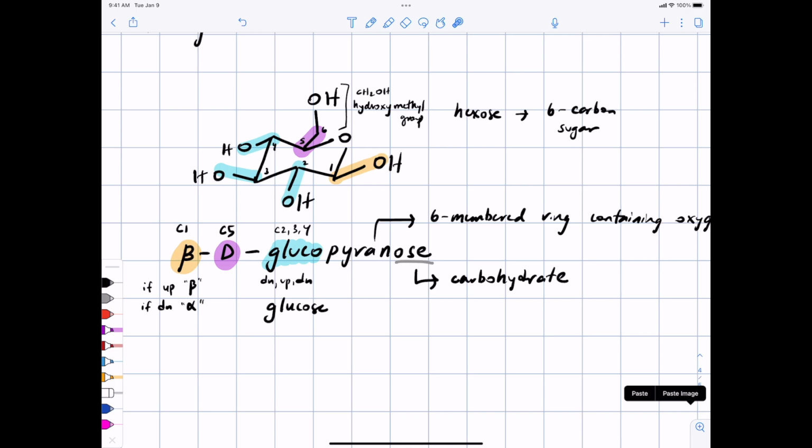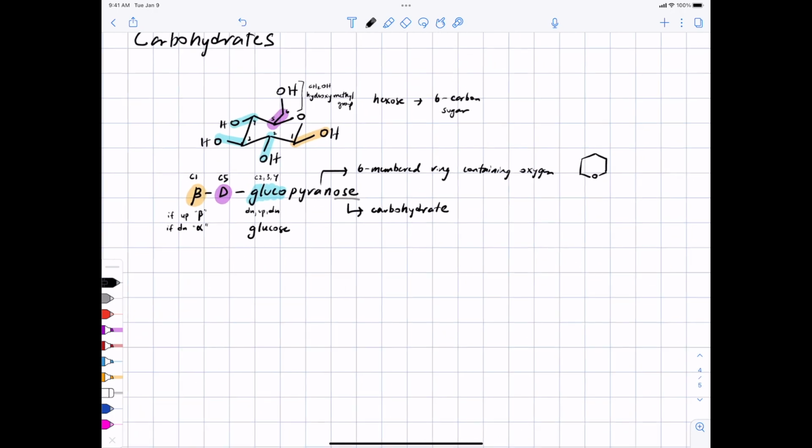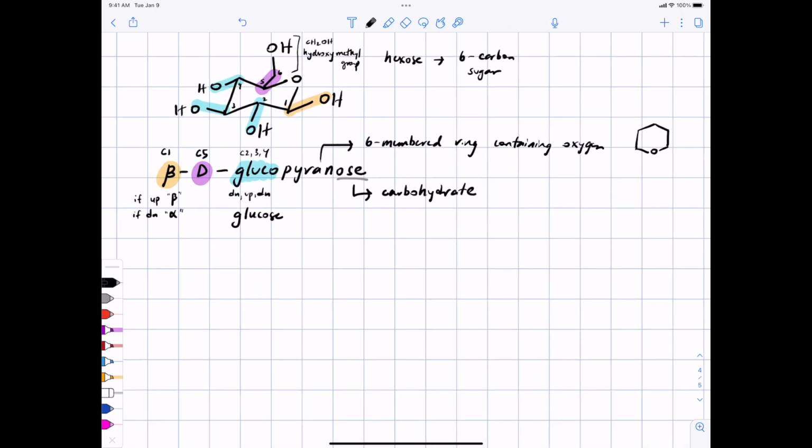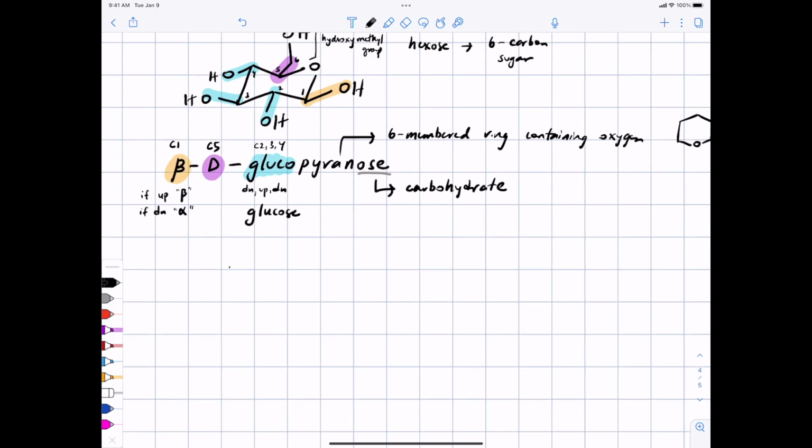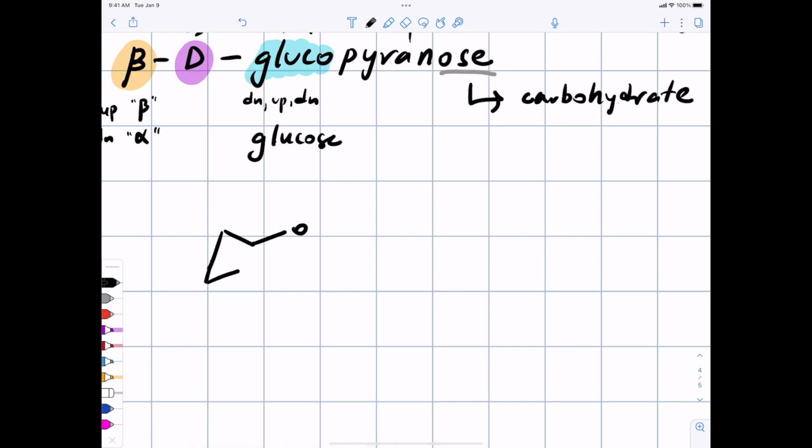You don't know that from the name, but that's what the name means. The easiest thing I can tell you is to memorize the structure of beta-D-glucopyranose. It's easy because everything's equatorial. And then you can know the structures of the other sugars relative to beta-D-glucopyranose. For example, if I were to tell you to draw alpha-D-glucopyranose, that would be easy. You would keep everything the same.